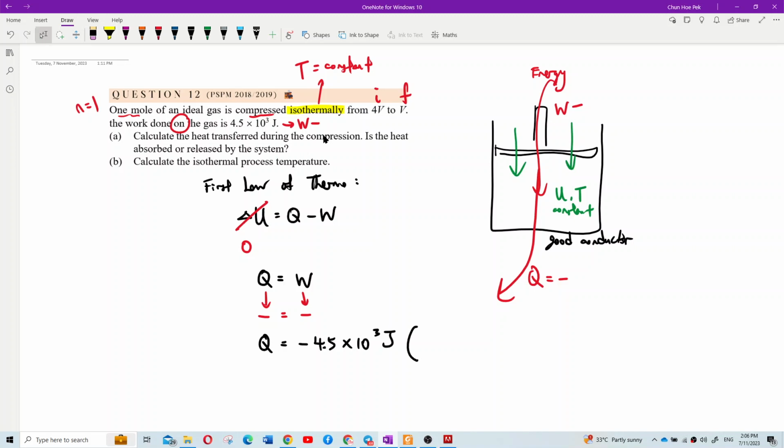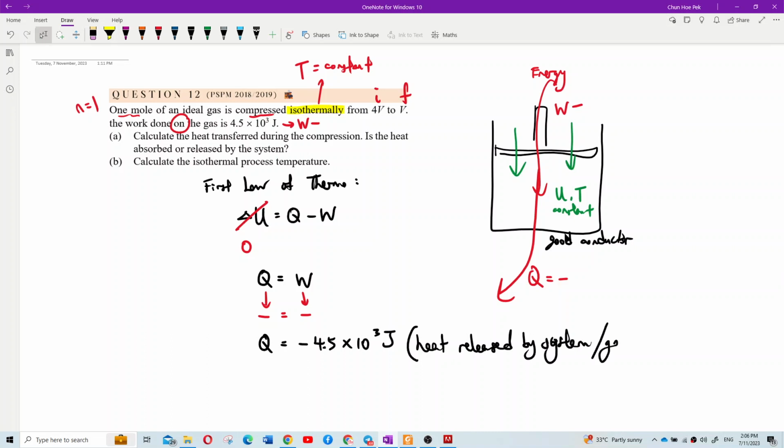So when work done is negative, Q is also negative. Q negative means what? Heat loss, heat release. Heat must be released so that the temperature of the gas doesn't increase.